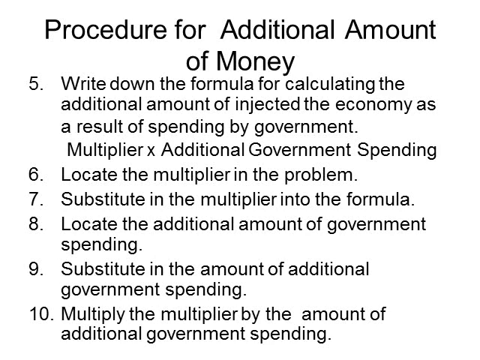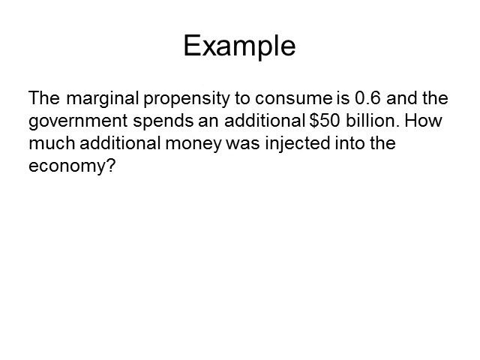We'll locate the additional amount of government spending. 9. We'll substitute the amount of additional government spending into the formula. 10. We'll multiply the multiplier by the amount of additional government spending to get the actual amount of additional GDP generated, or this can also be thought of as the amount of additional income created.